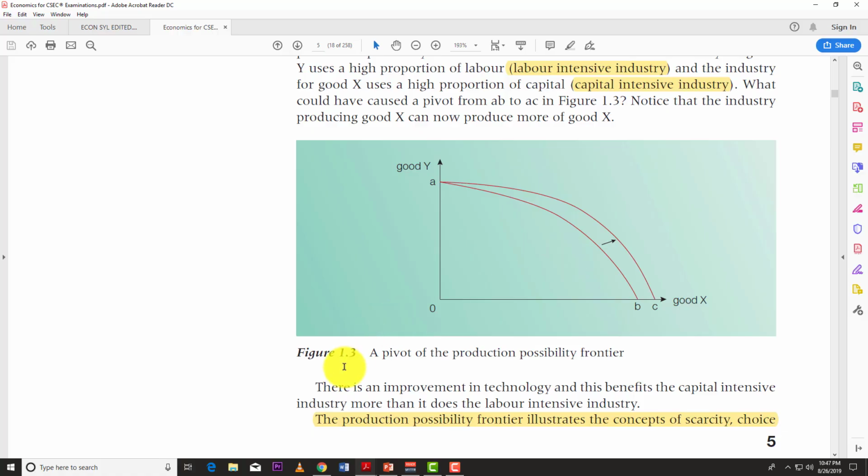The reason is that there is an improvement in technology, and this benefits the capital intensive industry more than it does the labor intensive industry. So that's why there's a pivot, because in farming or construction or whatever, the labor intensive job, there's no improvement in that sector. But the capital intensive job now has improved technology, and that technology causes them to be able to produce more than they did before.